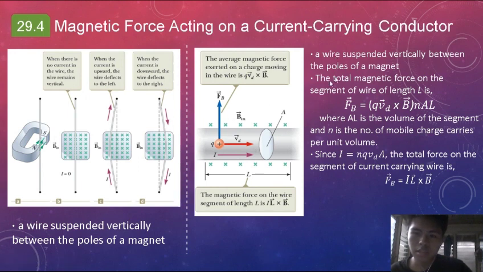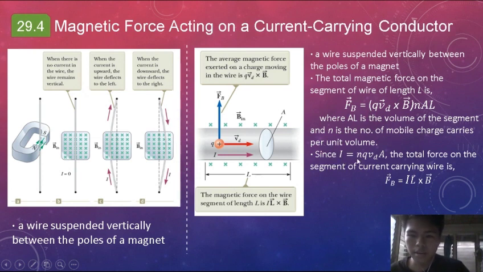The total magnetic force on a segment of wire of length L is the magnetic force, charge times velocity times magnetic field, multiplied by n, in which n is the number of mobile charge carriers per volume. We have a segment of length L here with cross-sectional area A, so that is its volume.